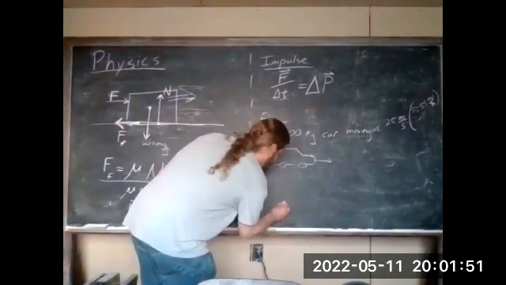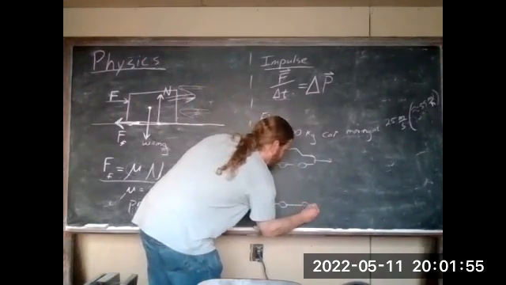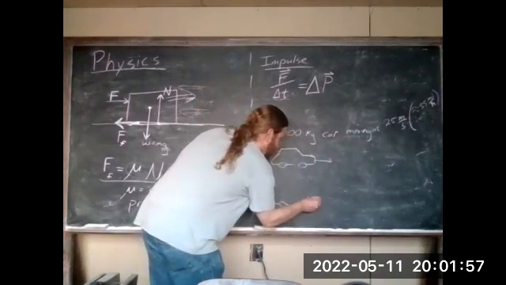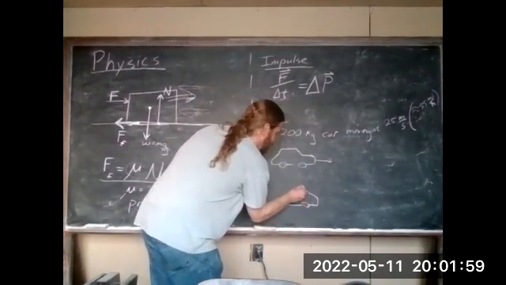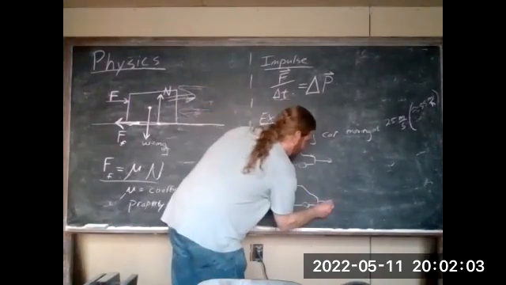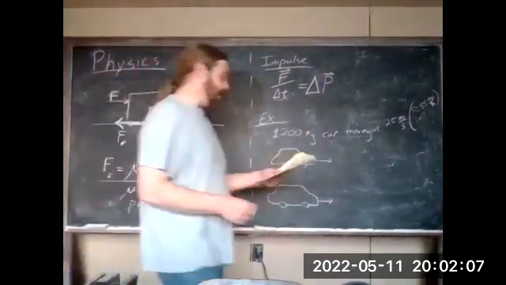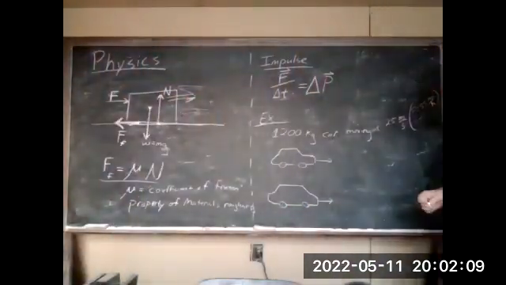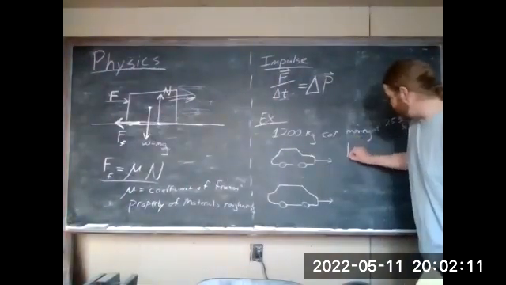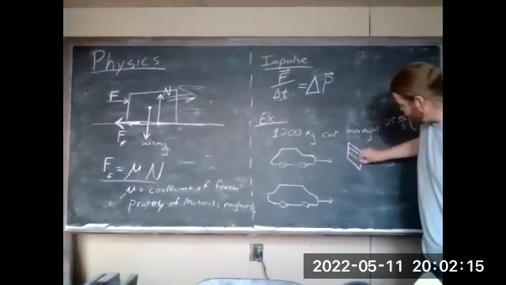But there's two very different ways we could stop that, right? The same car here, moving along at the same speed. It's going to take the same amount of force to stop it, but two ways we could apply that force is we could hit a brick wall.